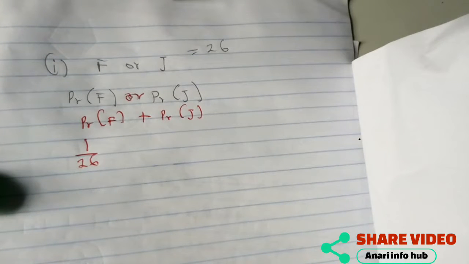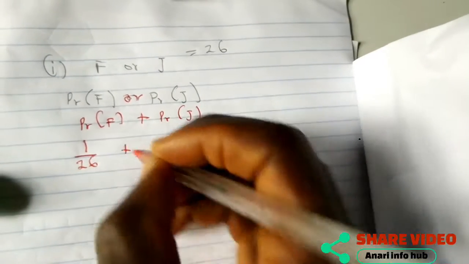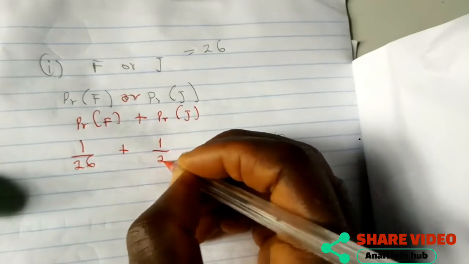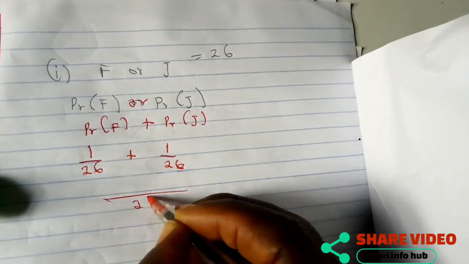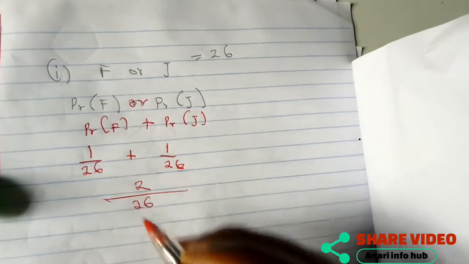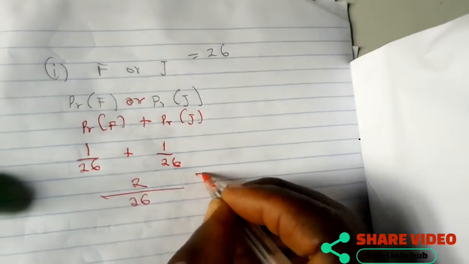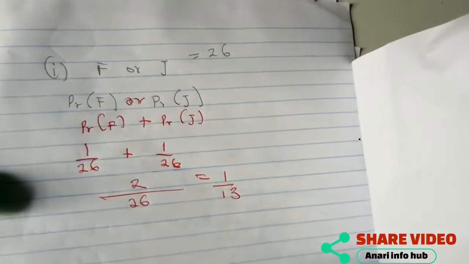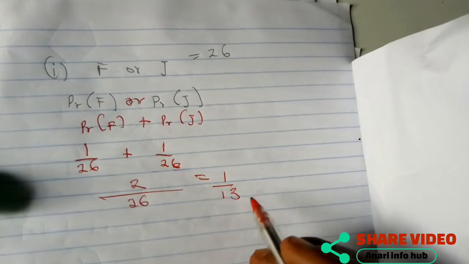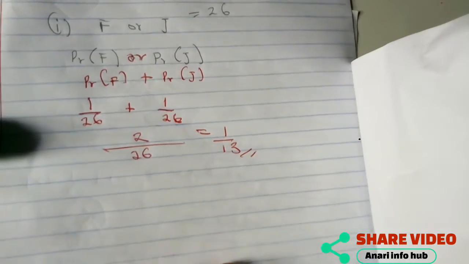The possible outcomes there are the 26 letters, while the required outcome is the F that we are looking for, then plus 1 over 26. If you find the LCM, which is 26, you are having 2 over 26. That is giving us 1 over 13. So 1 over 13 is the solution to that one.